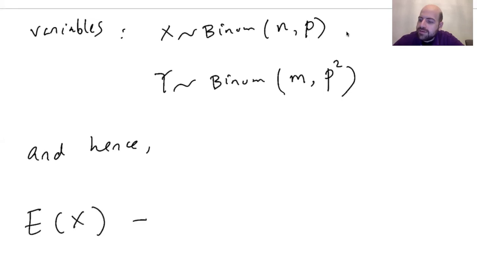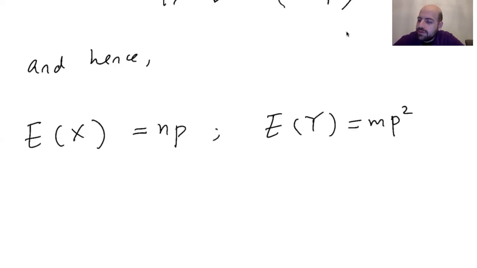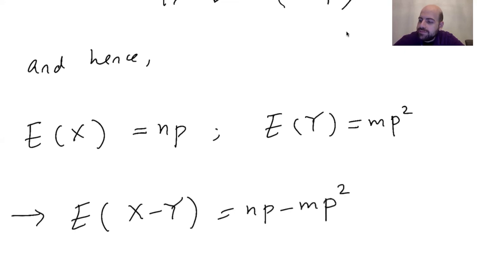Expected value of X is going to be NP, and expected value of Y is going to be MP squared. And this implies that the expected value of X minus Y is equal to NP minus MP squared.